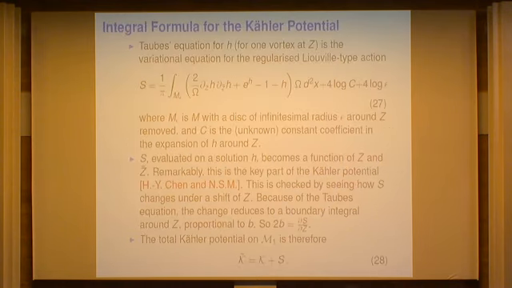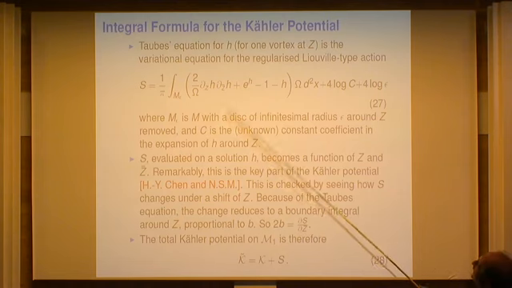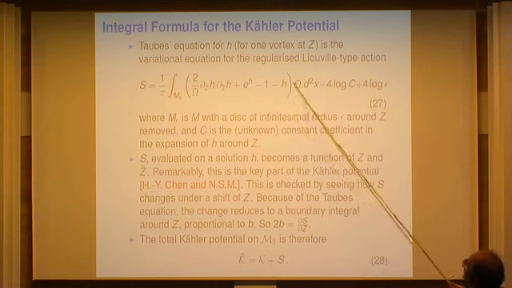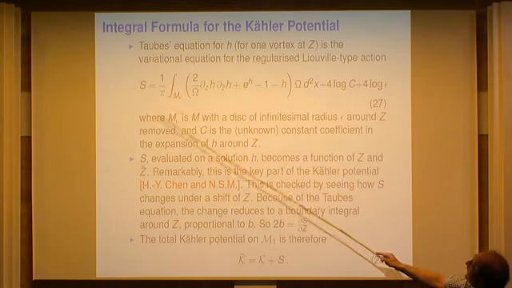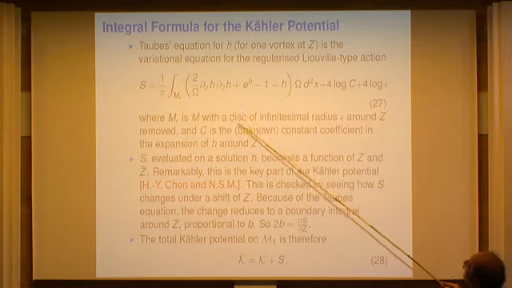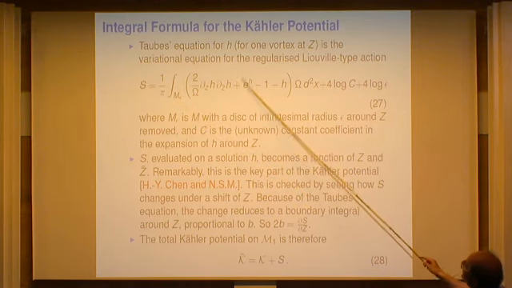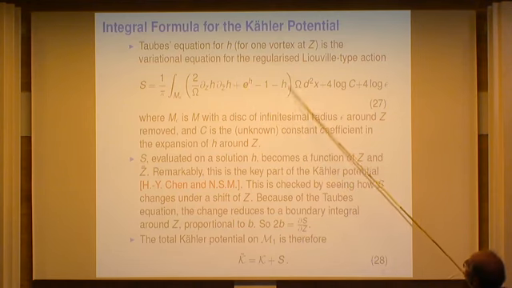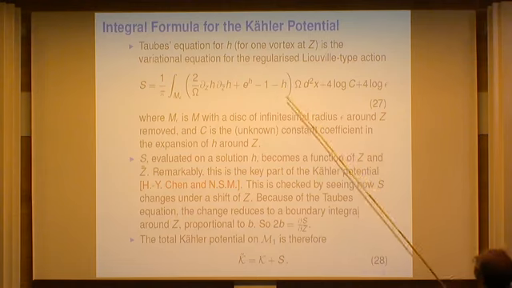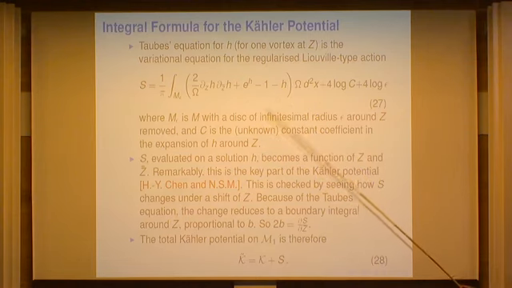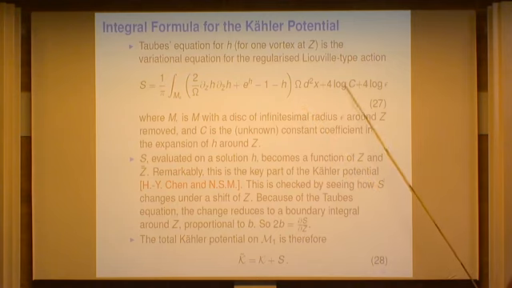But we ended up with this: the Taubes equation comes from this Liouville type action. If you vary this action, you get the Taubes equation. This term is the Liouville action, but there's this interesting correction that's a feature of the vortices. Again, you have to regularize it because it has singularities, and this is a regularization term.